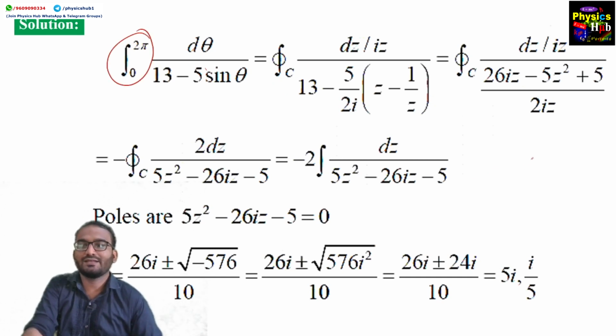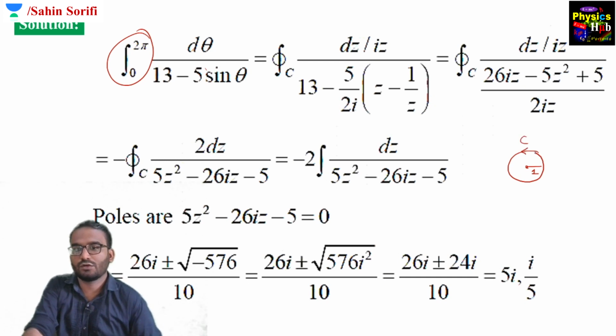So we are taking a contour of the unit circle. The radius is 1 and it is taken in the counterclockwise direction.